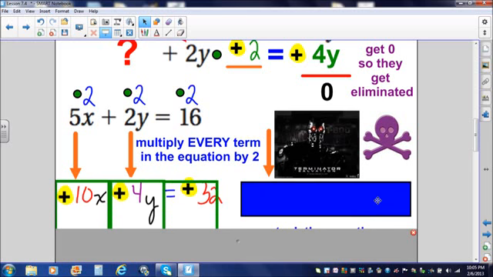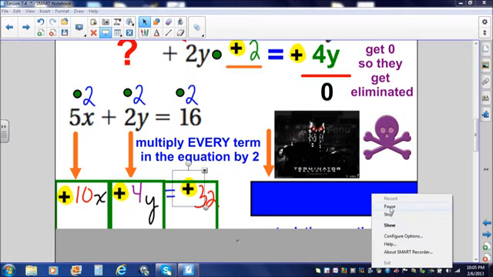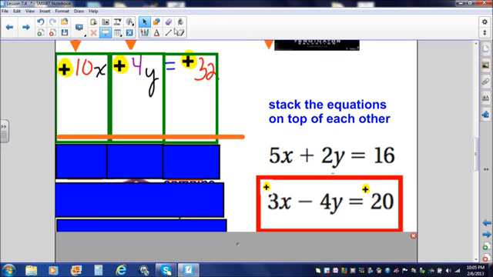When I do that, 5 times 2 gives me 10x, that's a positive. 2 times 2 gives me 4y, that's a positive. 16 times 2 gives me 32, that's a positive. I changed this equation by multiplying everything by positive 2.